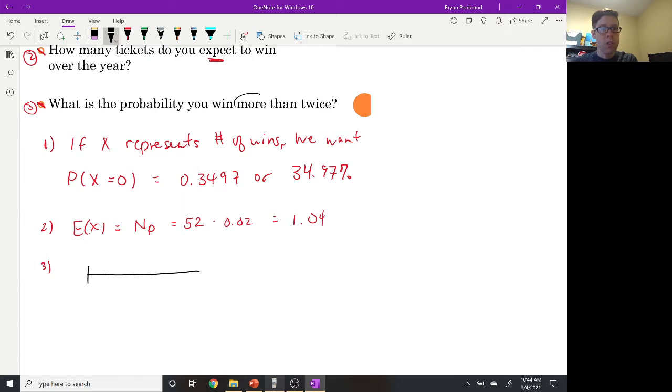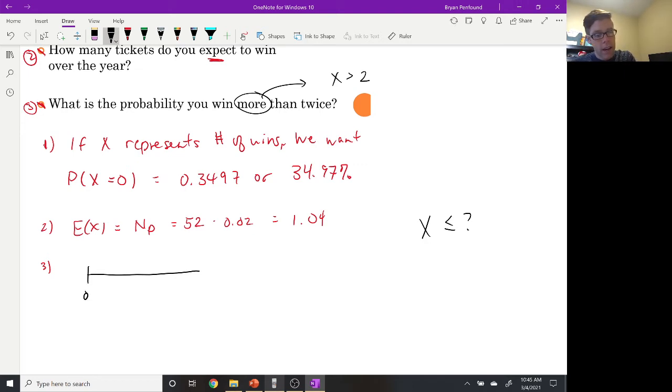So because we're using the words more or less than, I know it has to be the binomial CD function. And I need to be careful because the binomial CD can only answer questions that look like this, right? X is less than or equal to something. And what we have right now is we want more than twice. Okay, so we don't have it in the form that we want.